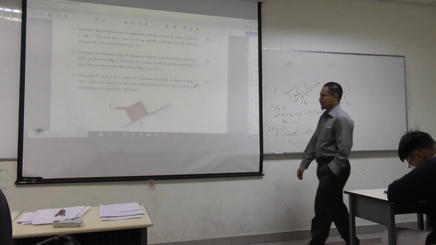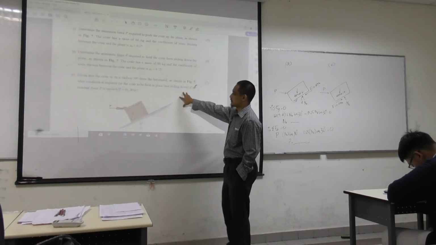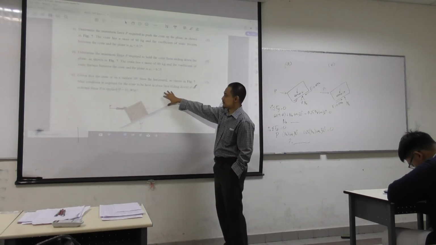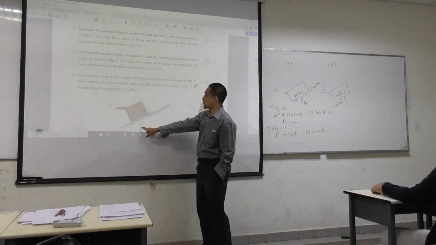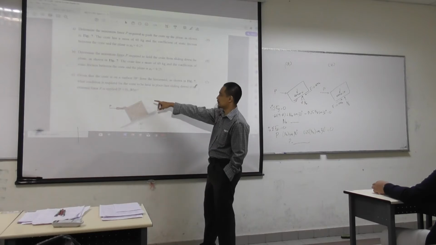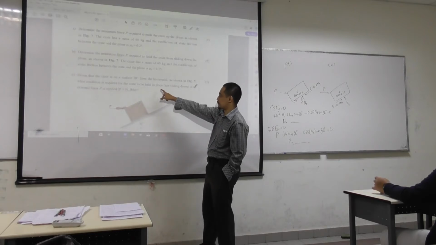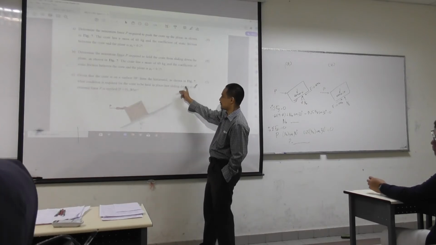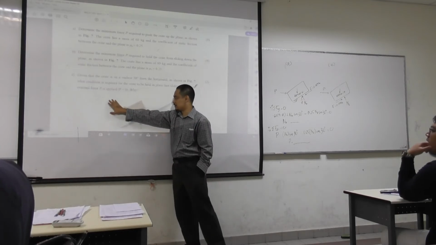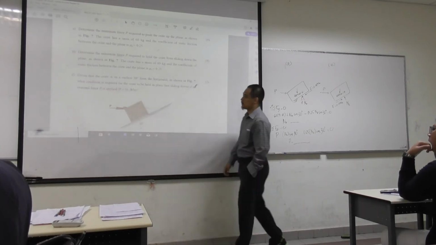And then for the extra 2 marks, you answer this. Given the crate is on 30, this one is 30 degrees, as shown in the figure. What condition is required for the crate to be held in place, meaning not sliding down, if no external force is applied, meaning you don't have to have this P, and why?